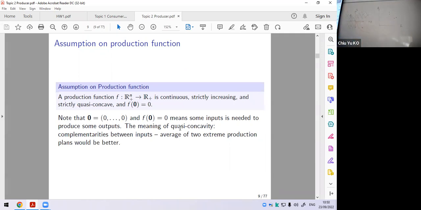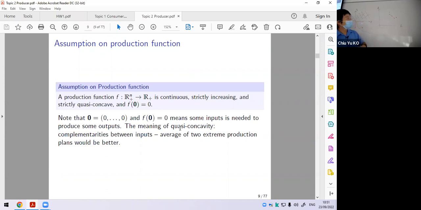But it doesn't really matter what the strict quasi-concave set is. I pick something in the middle. This middle point is always better than the worst of the two, the worst of the extremes.